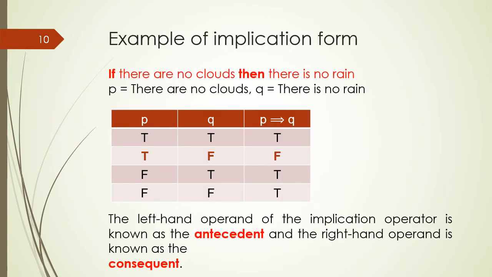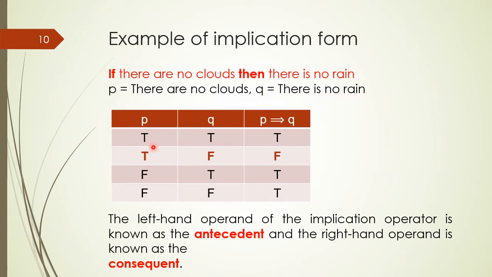In order to explain the truth value for conditional statements, let us consider a very interesting example of a conditional statement, which is: if there are no clouds, then there is no rain. We can represent the conditional statement symbolically, where variable P represents there are no clouds, and Q represents there is no rain.